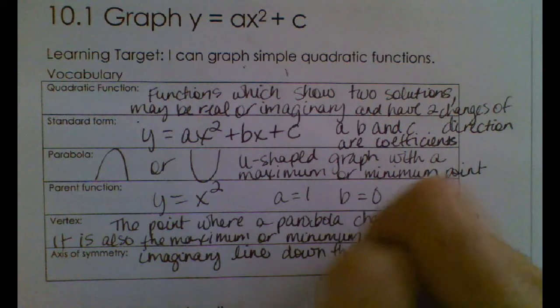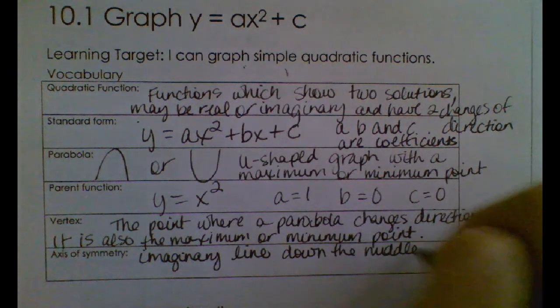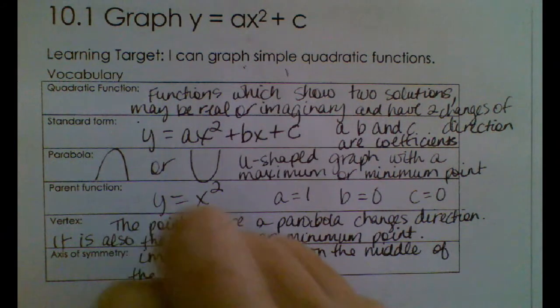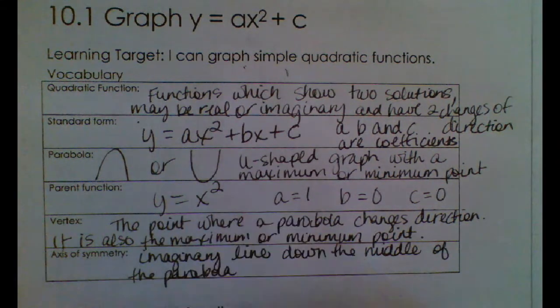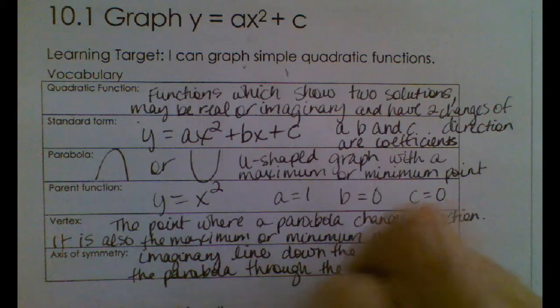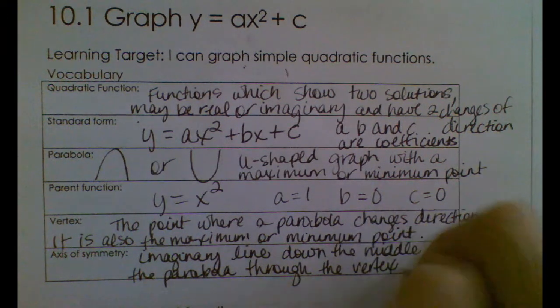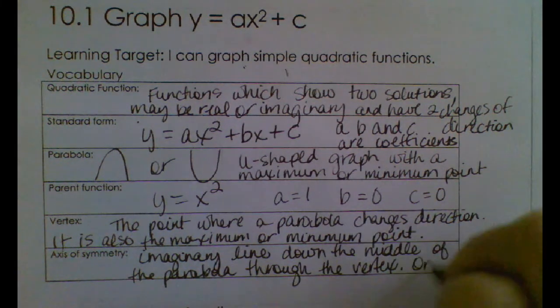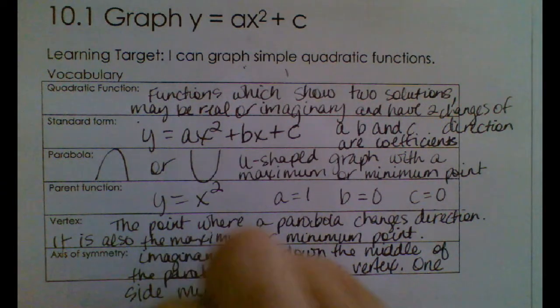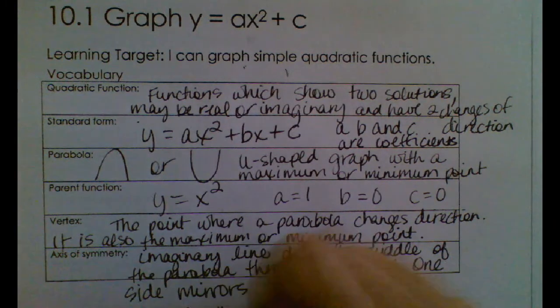And it's just right down the middle of the parabola. And if it's right going through the middle, what point would it also go through? The maximum, which is called the vertex. Good. Through the vertex. One side mirrors the other. That's a really good description of that.